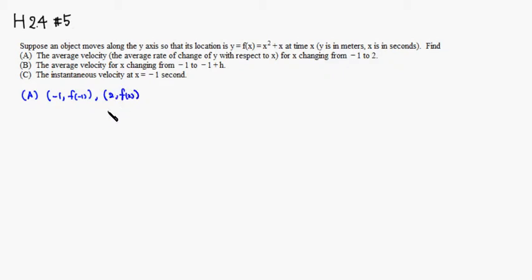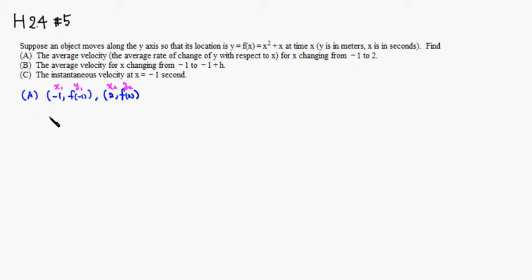You can think of these as x1 and y1, and x2 and y2. We can find the slope of the secant line, which is the same thing as our average velocity.